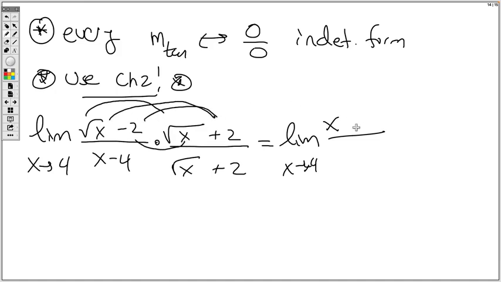Minus 2 times positive 2. Do we ever multiply out denominators? Once again, the reason is we're hoping that we can get that x minus 4 to cancel. So we wouldn't multiply it out. Sure enough, what happens? In the numerator, what goes? What's left in the numerator? 1.